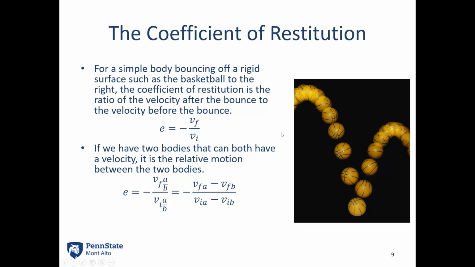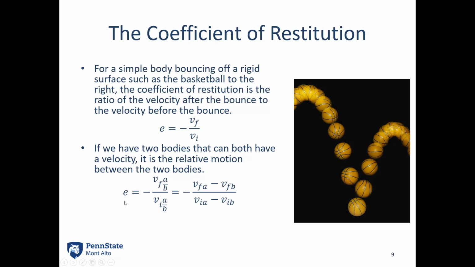It's a relative velocity adaptation of the initial equation that we had with surfaces. This epsilon equation is our second equation for the semi-elastic collisions.